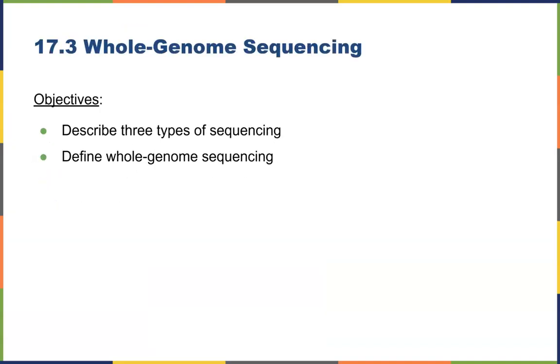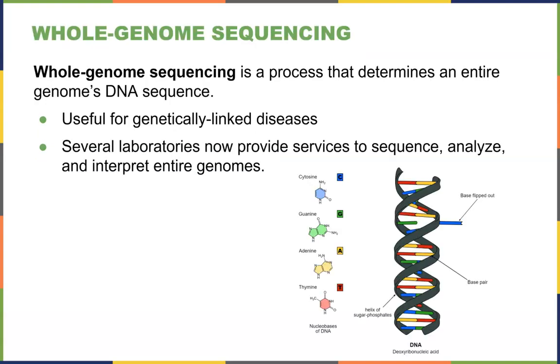Okay. Whole genome sequencing. There are 3 types of sequencing, and we're going to look at whole genome sequencing in particular here. Whole genome sequencing is a process that determines an entire genome's DNA sequence, so what bases are in what order.